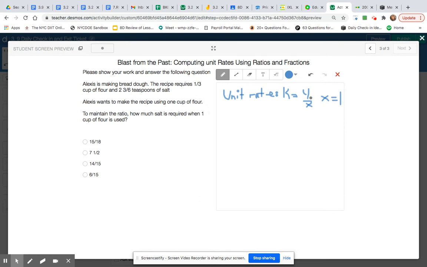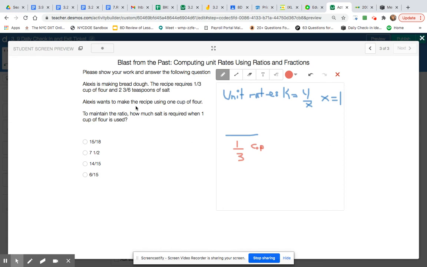So remember, guys, since X is in the denominator when we're finding the unit rate or the constant of proportionality, when I'm writing my expression, I'm going to put my fraction bar and I'm going to put the information that I know about the cups of flour. I know I have 1/3 cup of flour, so I'm going to do that in a different color. So I have 1/3, I'm going to put CP. Okay, so that's going to represent cups of flour.